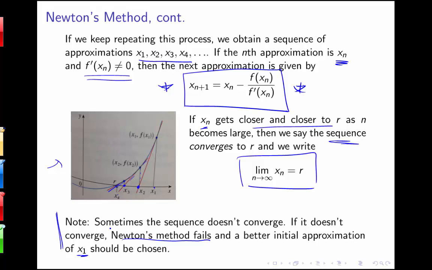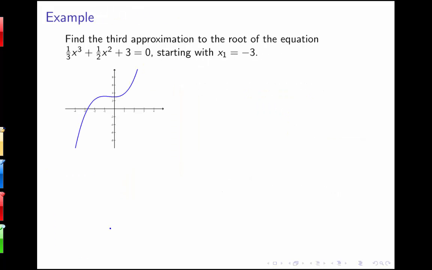Okay, so let's take a look at this in the context of an example. So we want to work with this equation that I mentioned earlier. We're going to use x1 equals -3 as our initial approximation, and we want to find the third approximation. So here we're trying to find x3, the third approximation to the root of this equation here.